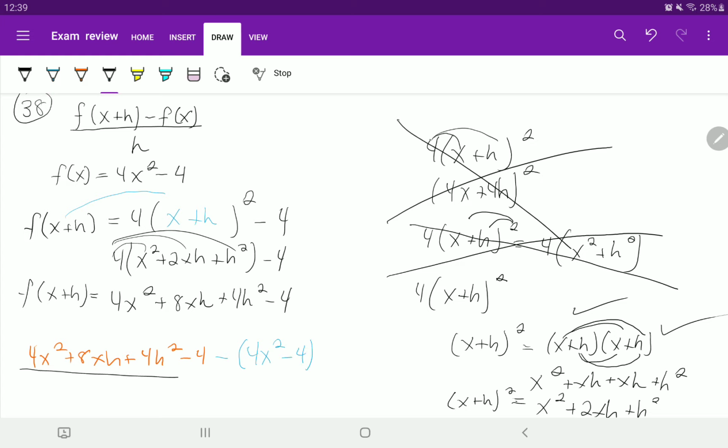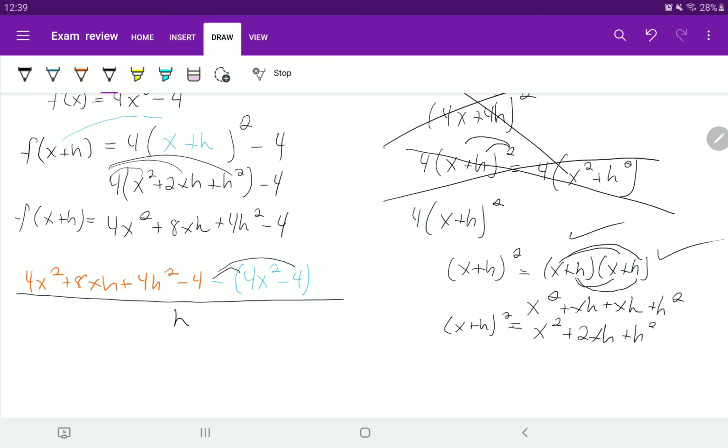And that's all divided by h. After that, you want to distribute the negative sign inside the second set of parentheses. So that becomes negative 4x squared plus 4. So 4x squared plus 8xh plus 4h squared minus 4 minus 4x squared plus 4, all divided by h.